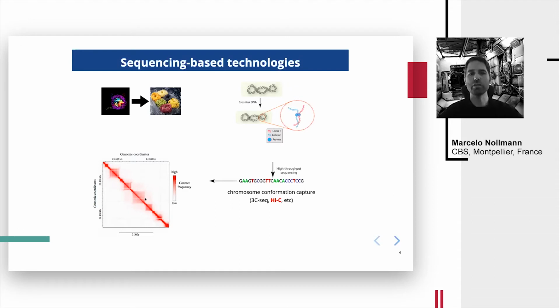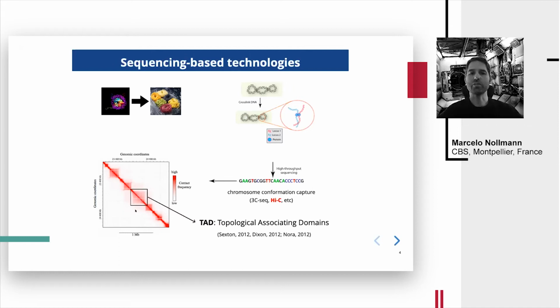The first notable feature is this strong diagonal from the top left to the bottom right. This just represents the fact that DNA is inherently a polymer, and so any two loci that are close in sequence will also interact physically more often.